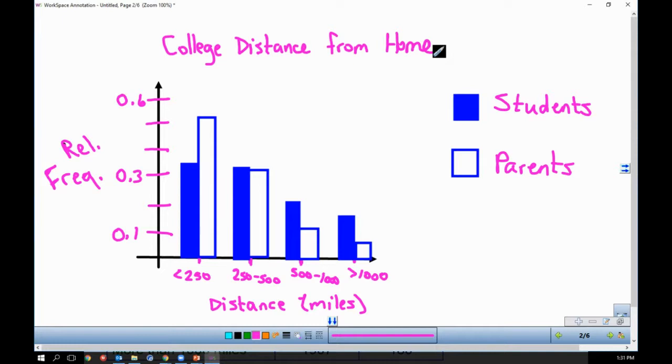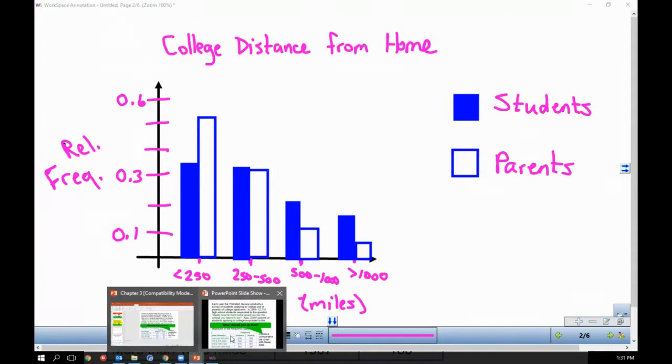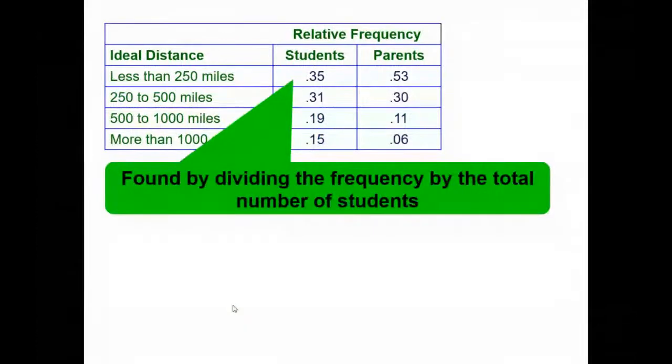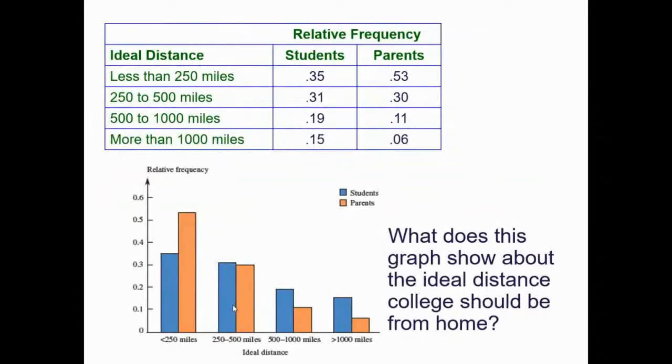So let me go back to the PowerPoint. Okay, so I kind of did this with y'all. They walked through it here, but I feel like it's probably more useful if we actually walk through it together. We did that. Let's go back. Okay, so what does the graph show? We already talked about it.